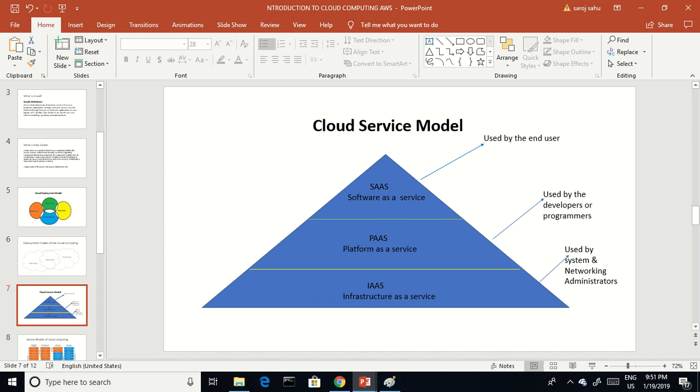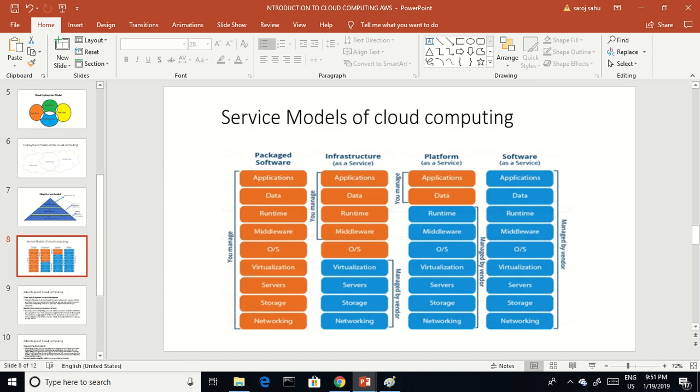So there are three service models: software as a service, platform as a service, and infrastructure as a service. In that service model, what are we managing? If I go for our traditional data centers, our own data centers, I have to manage end to end: networking, storage, servers, virtualization software, operating system, middleware, runtime, data, application, everything in our own data center.